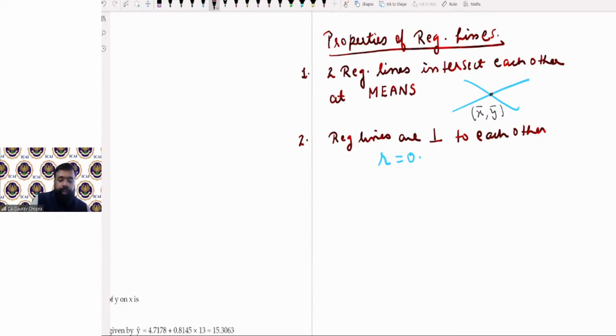Now the third point, if regression lines are coincident, what does this mean?